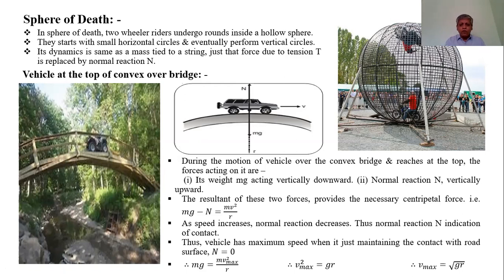During the motion of a vehicle over the convex bridge, when it reaches the top point like this, the forces acting on the vehicle are its weight acting vertically downward and the normal reaction.